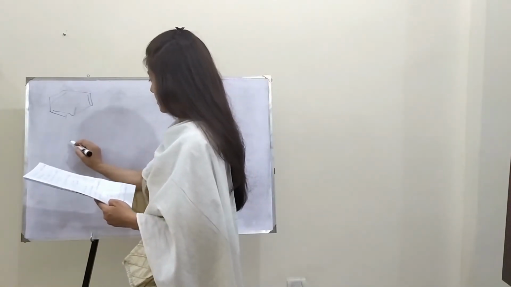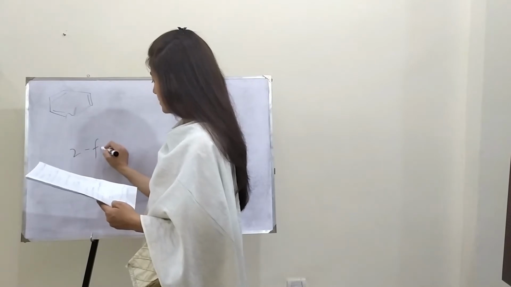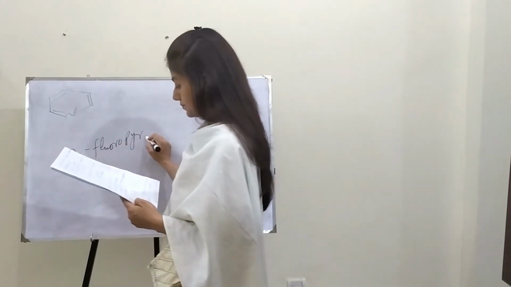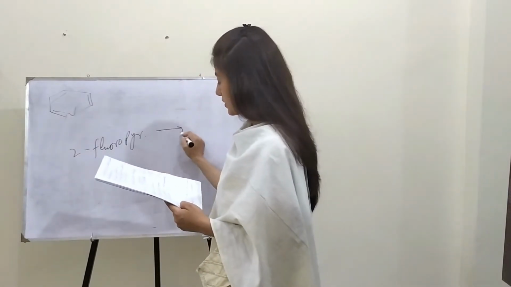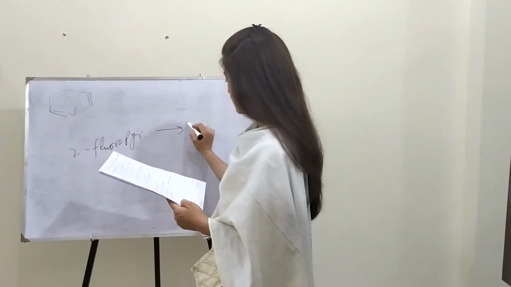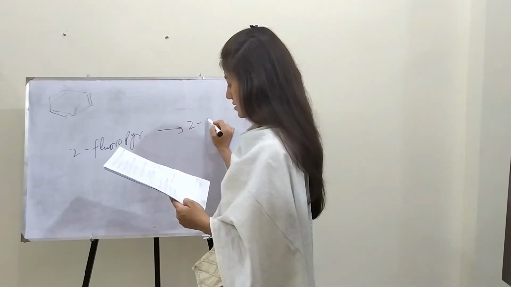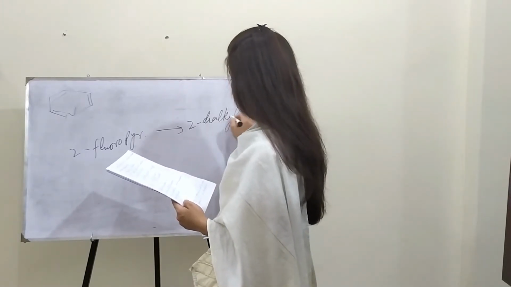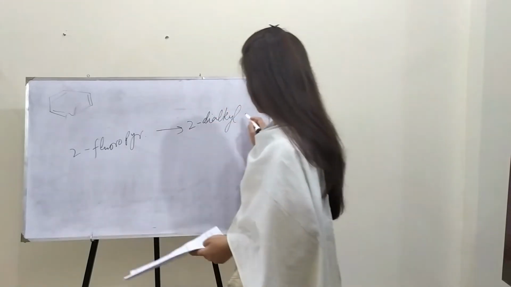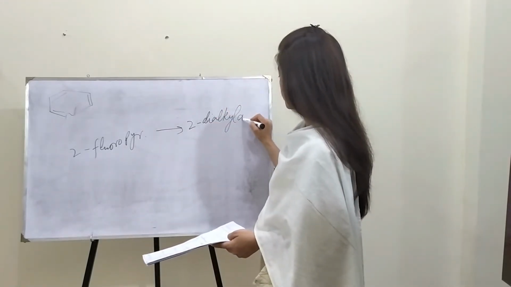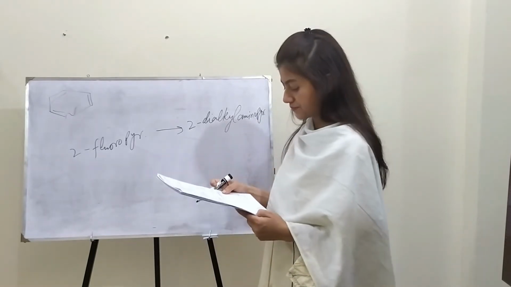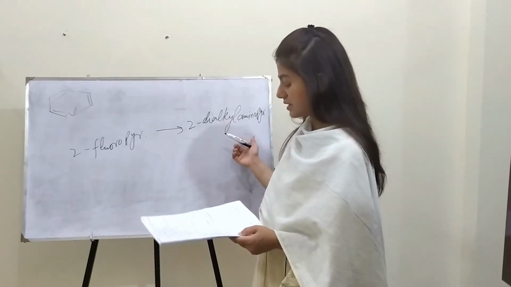That means the 2-fluoropyridine can be converted into 2-dialkylaminopyridines using lithium amide.